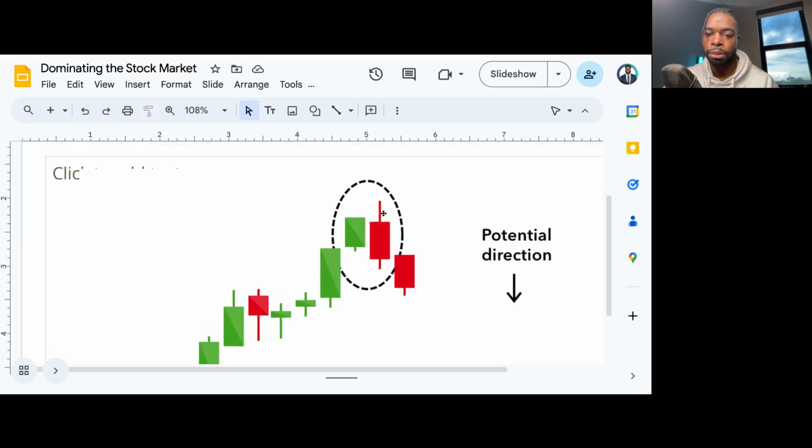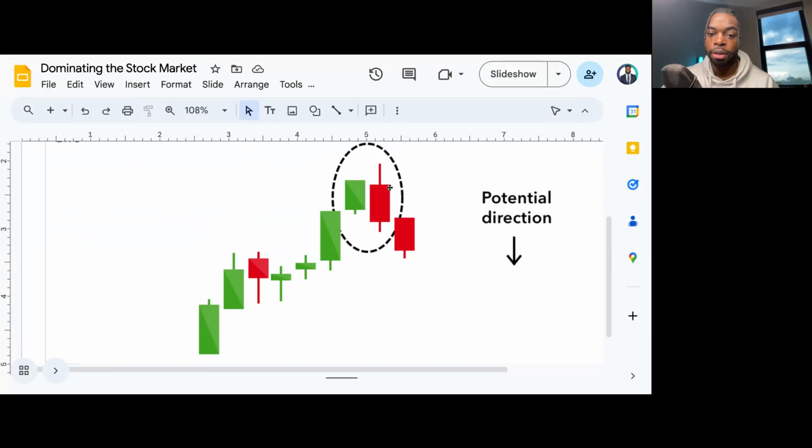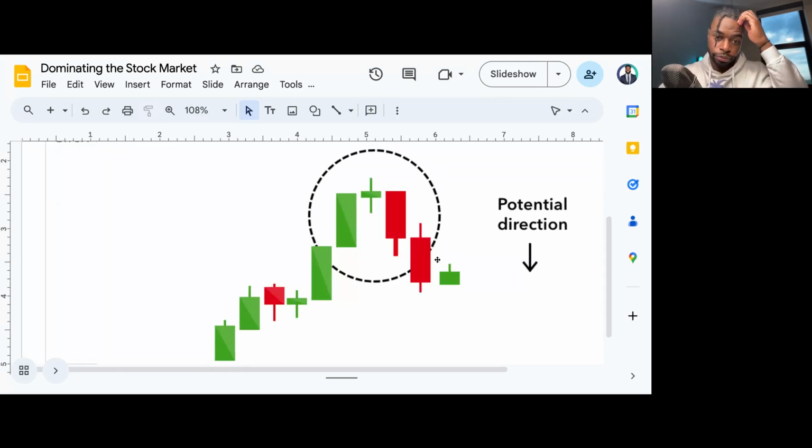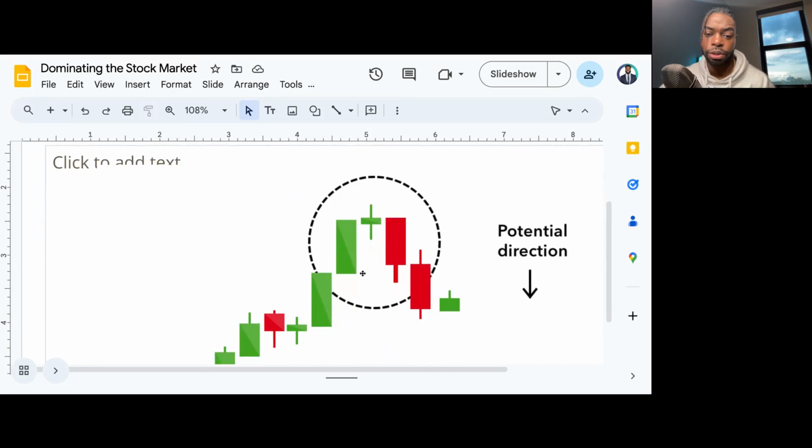And then just like we had a bullish engulfing, we have a bearish engulfing bar showing you that selling pressure eating up this little green bar is bigger than buying pressure. And then we have what's called an evening star doji, where again, when you get these small bars, it's showing you that buying pressure is going away. So the green bar is smaller here.